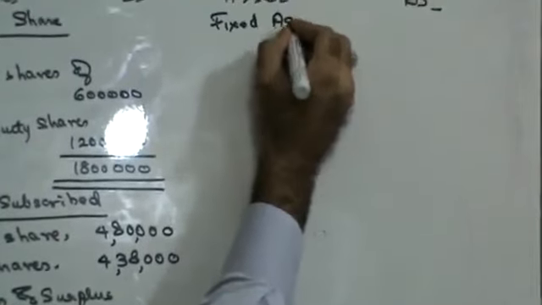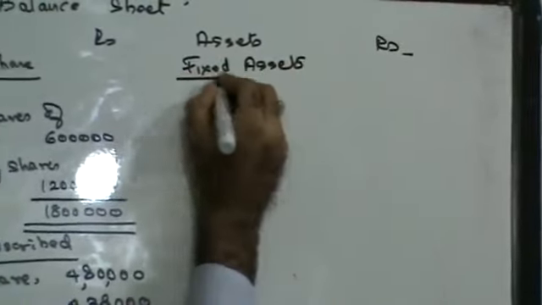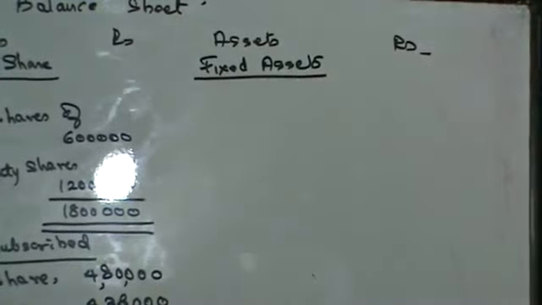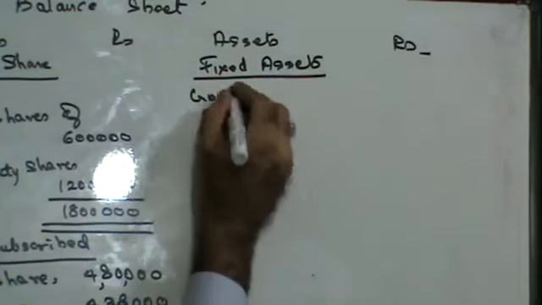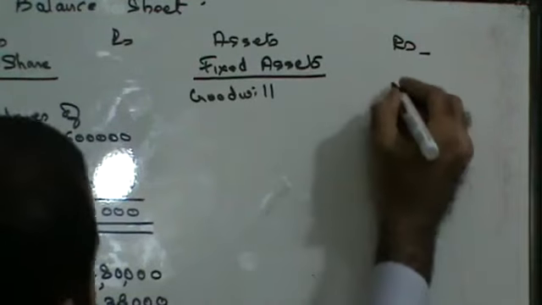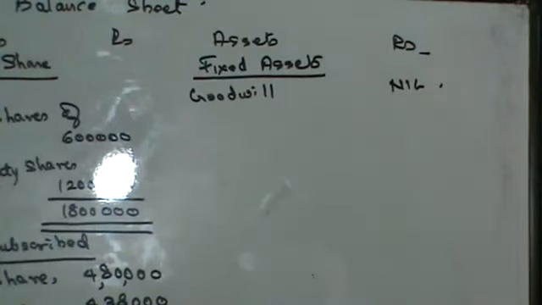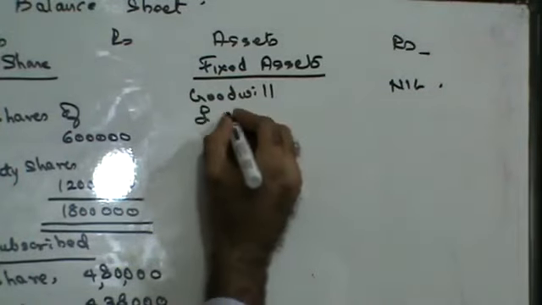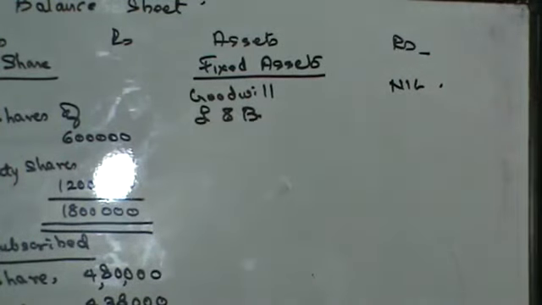Next, fixed assets. You have goodwill. Goodwill is 2,40,000 and it has been written off, so nil. Then you have land and building. Land and building is 5,34,000. It has been appreciated by 12,000.